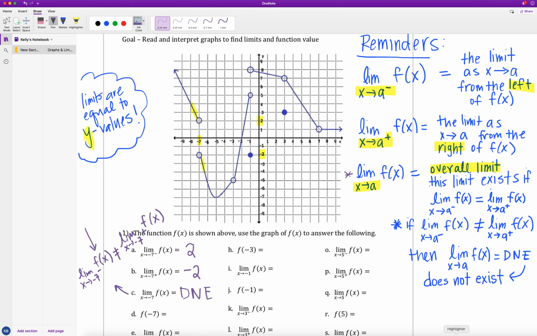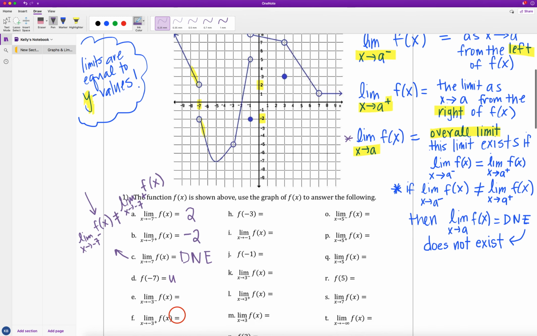Here's an open circle, here's an open circle, and anywhere else that I look on this graph, there is no filled-in circle. So what that tells me is that this function value is undefined. So what we would say here is that f of -7 is undefined. Let me scroll up so we can make sure we're seeing it all.